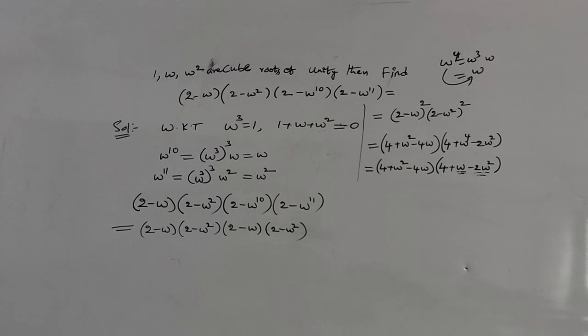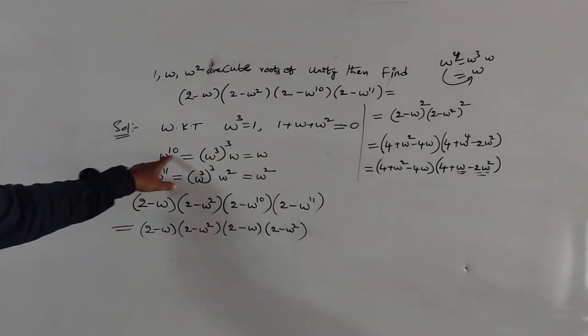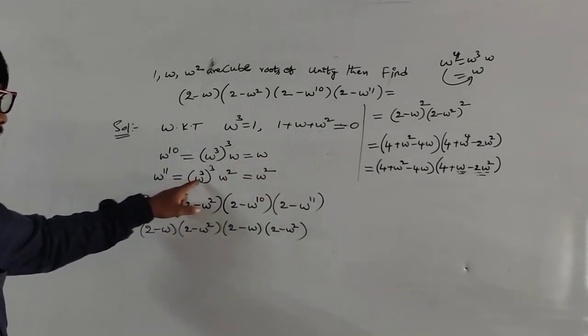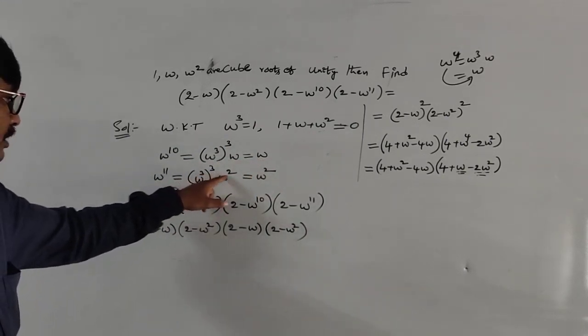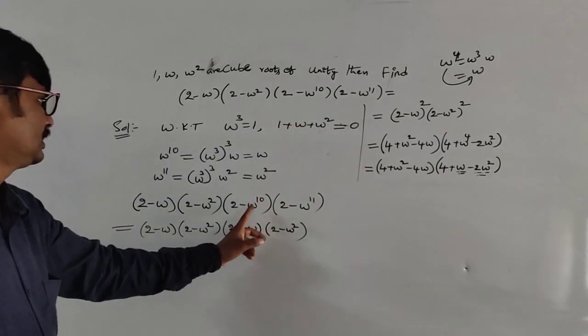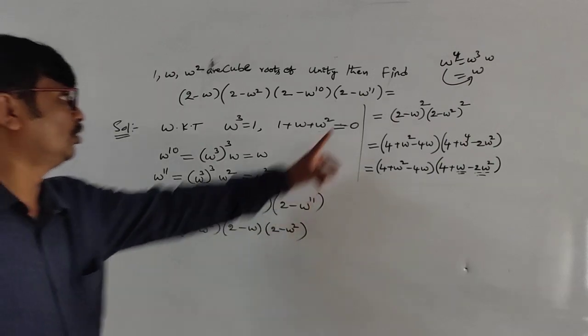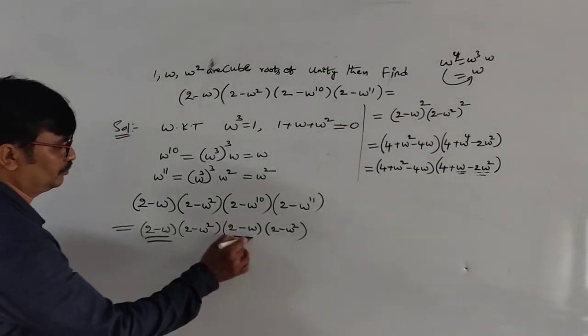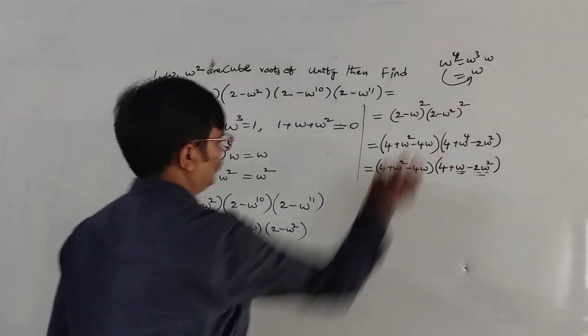So students, omega power 10 is omega cube whole cube, that is omega, this is omega cube whole cube, 9 plus 2, 11, this is the 1. So omega power 10 is omega, and omega power 11 is omega square. So these two are there, 2 minus omega whole square.